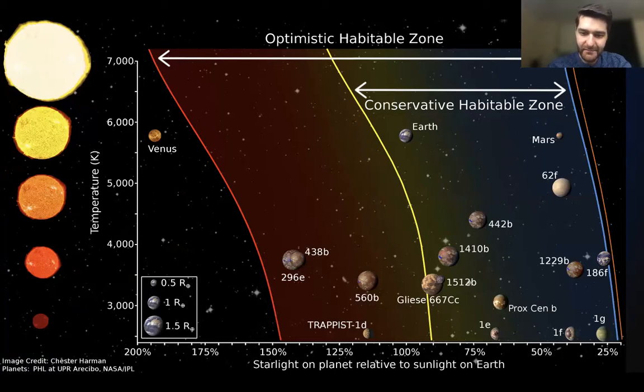If you look at this picture, you can see all these planets, and between the yellow and the blue line is what would most likely be the habitable zone. So these planets that are between the yellow and the blue lines, they might have some life, or maybe they would be interesting to be colonized by us in the future.